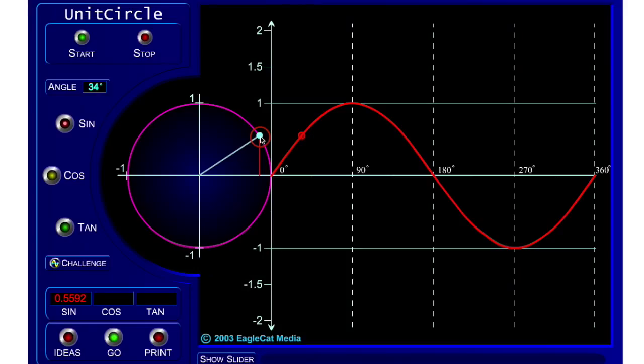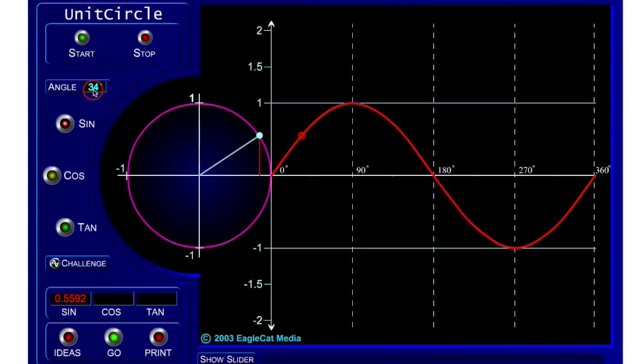Remembering that if this point P can be described as being cos theta, sine theta, it's quite clear to us that the y value at this point is going to be equal to the sine theta. So you can see in this certain position that whatever this reads off to be on the y-axis of the unit circle is also what's equal to sine of that angle theta, which is known to us, it's 34 degrees.